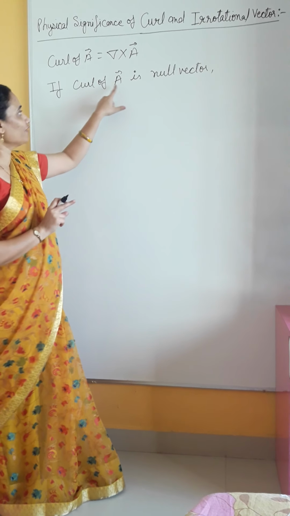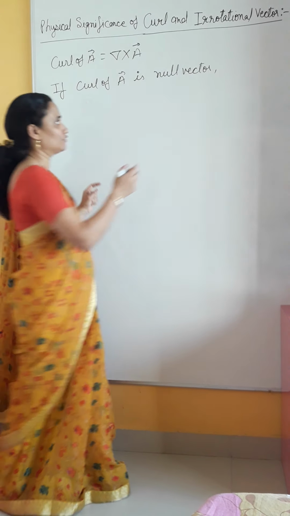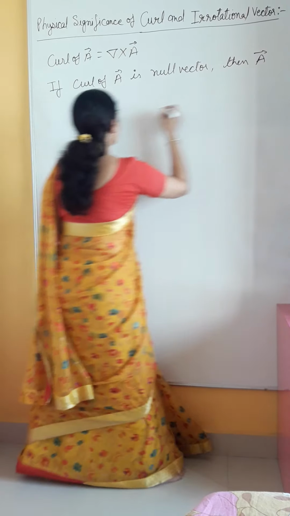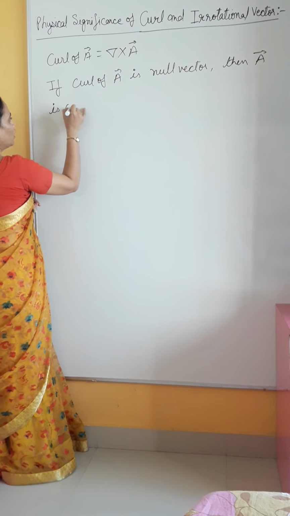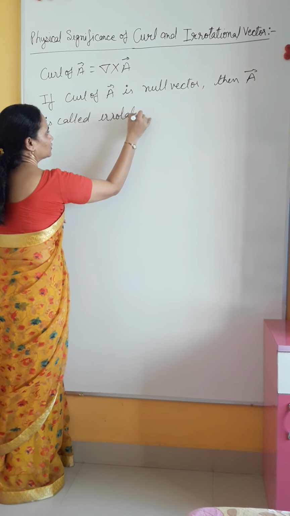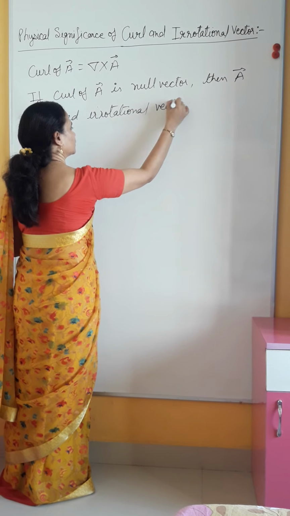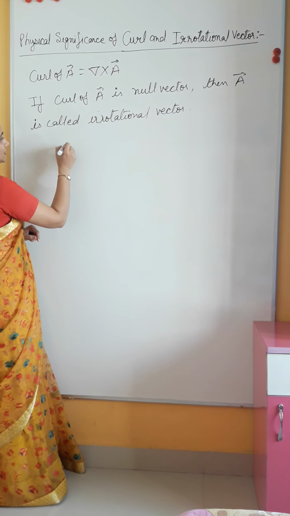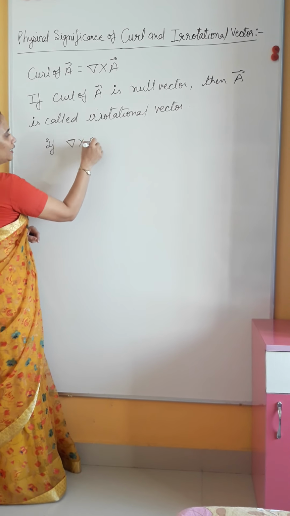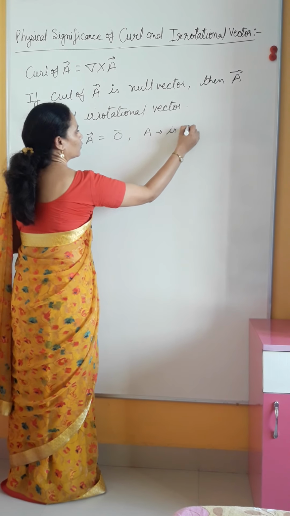So if curl of any A is a null vector, then A is known as an irrotational vector. Mathematically, if del cross A is a null vector, then A is irrotational.